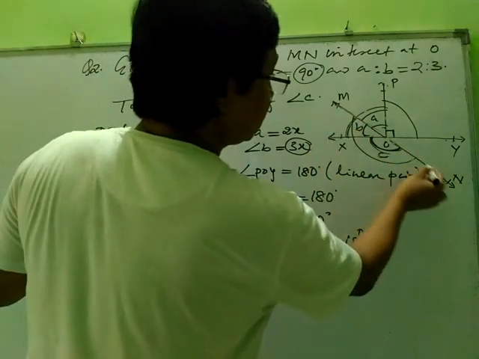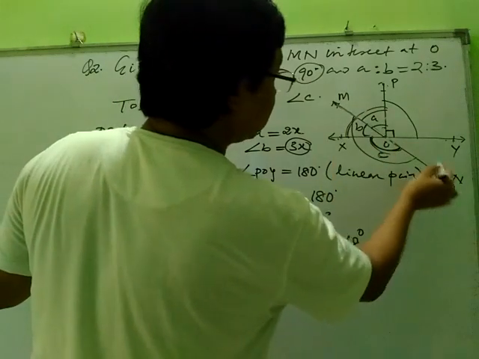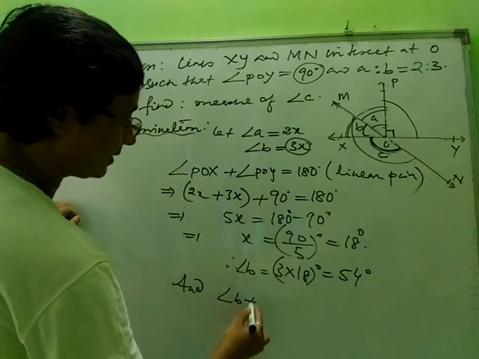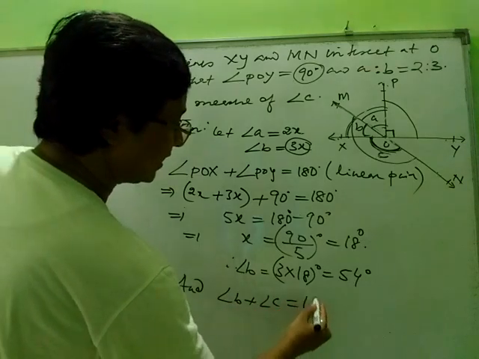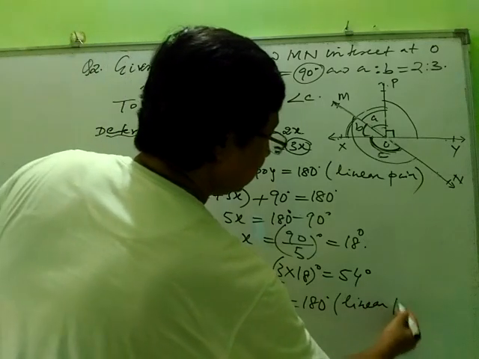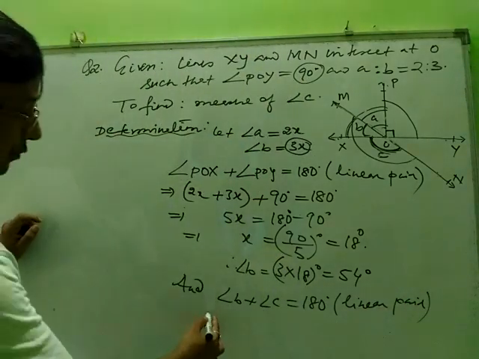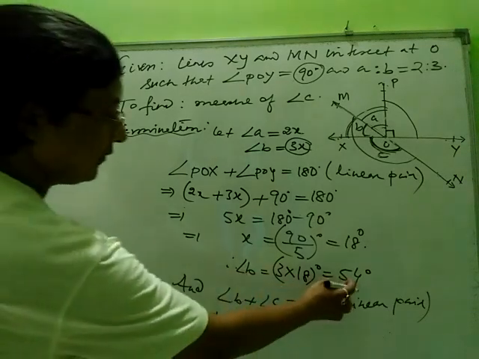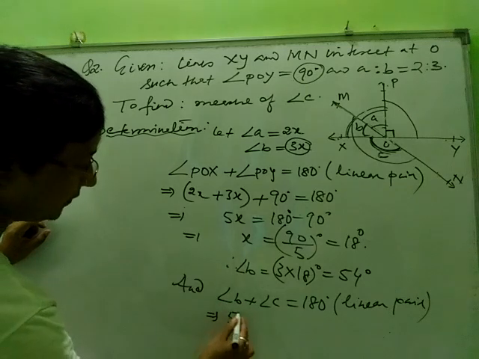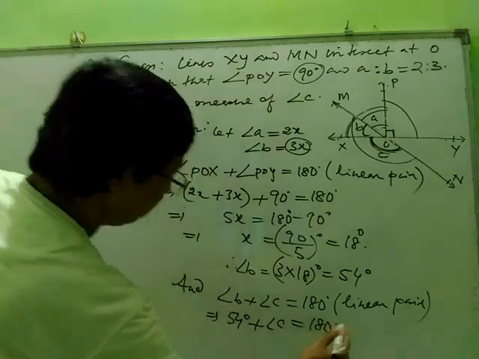Here MN is a straight line and the ray OX lies on MN. So angle B plus angle C is equal to 180 degrees. It is due to linear pair. From B you have got 54. So in place of B, 54 plus angle C equals 180 degrees.